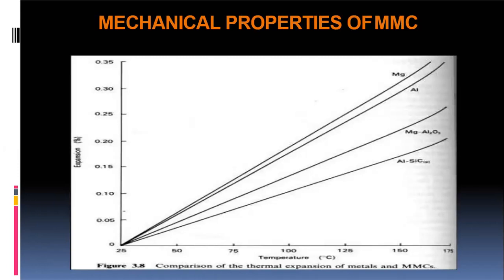There we are taking different kinds of metal matrix composites. First one is magnesium, second one is aluminium, third one is magnesium aluminum oxide, and last one is aluminum silicon carbide. So these are the different metals and metal matrix composites.